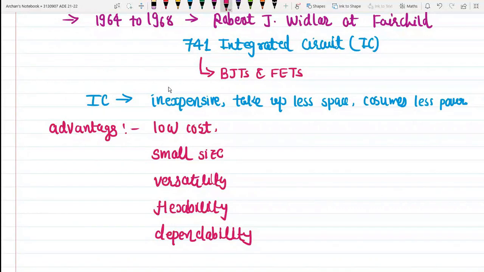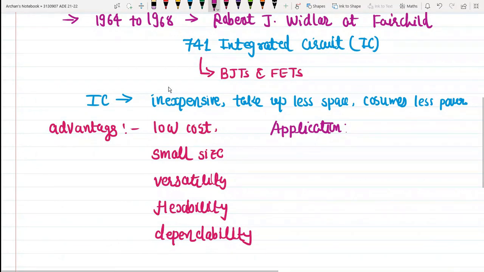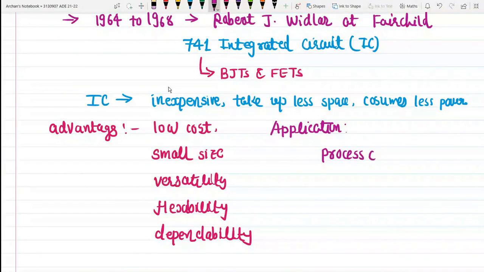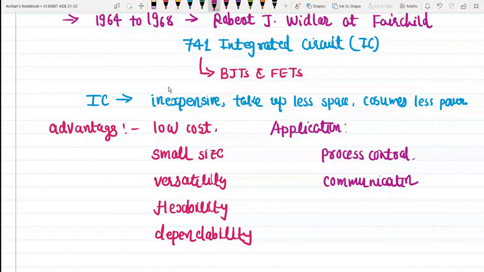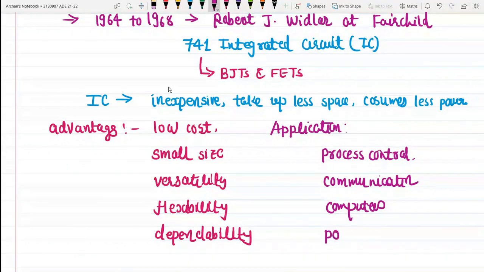Okay, so these are the advantages offered by operational amplifiers, and they are used in certain applications. You will find the use of operational amplifiers in process control, communication circuitries, computers definitely, and in sources, say the power source or signal source.